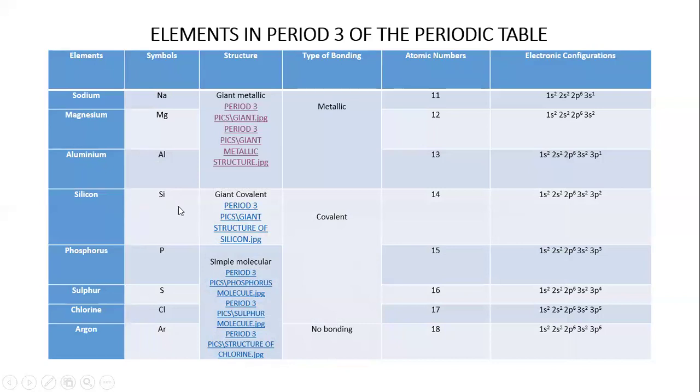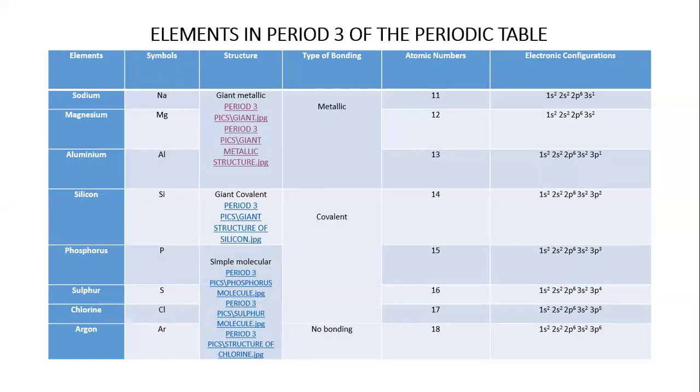Now, when we look at silicon, silicon is a metalloid with a giant covalent structure. All structures that start with the word giant, just know those structures lead to formation of solids, most of them. And those solids are always hard. You see, silicon is also hard and is a solid at room temperature.